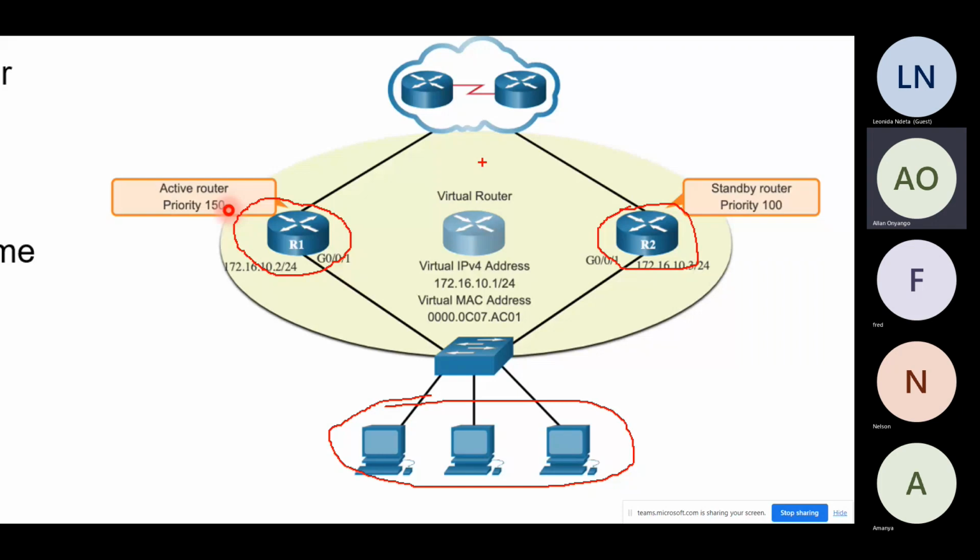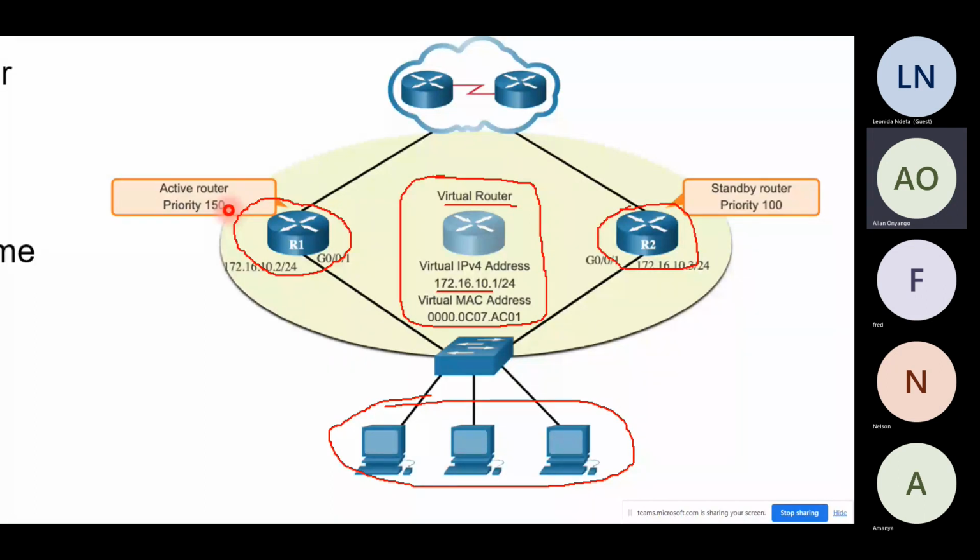And so we have the dead person here. You can see this router is drawn in such a way that it is faded compared to all the other routers here. It's faded, and we call it a virtual router. This virtual router has an IP address, which we will call the virtual IP address, 172.16.10.1.